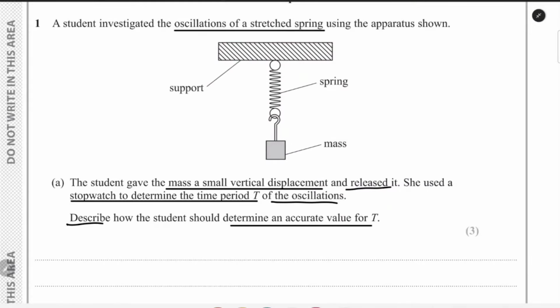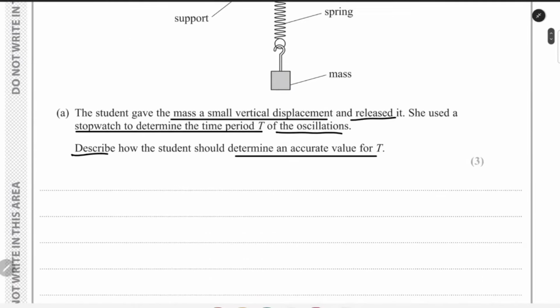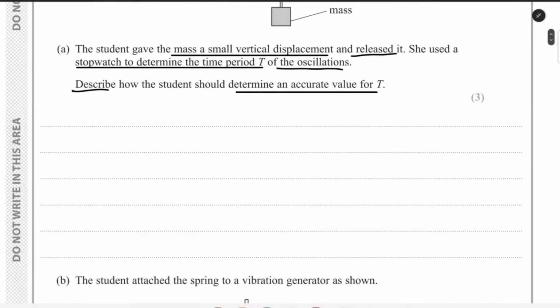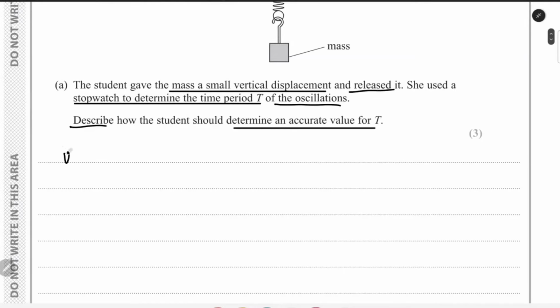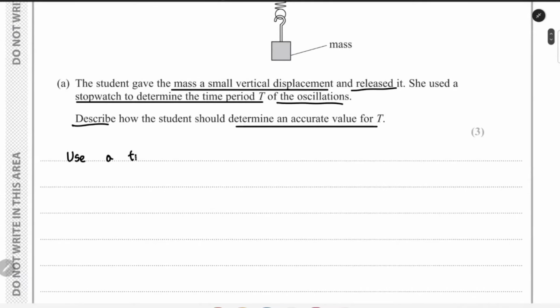Since this is an oscillation, one of them would be to use a fiducial marker or a timing marker at the center of the oscillation. This is a common point for any type of question regarding the time period of oscillations.